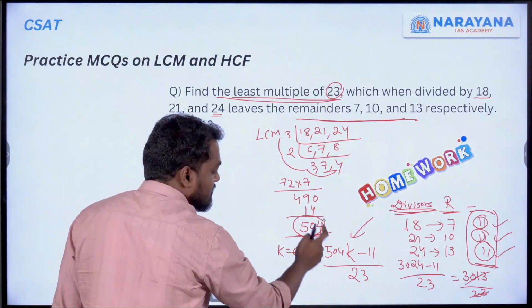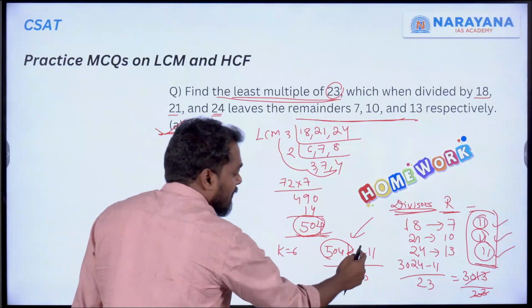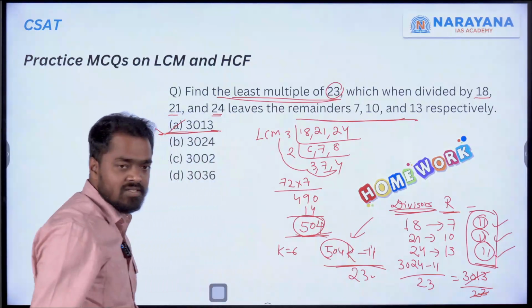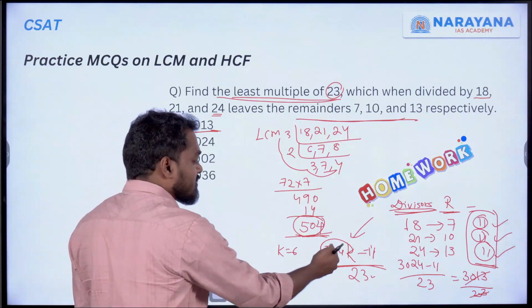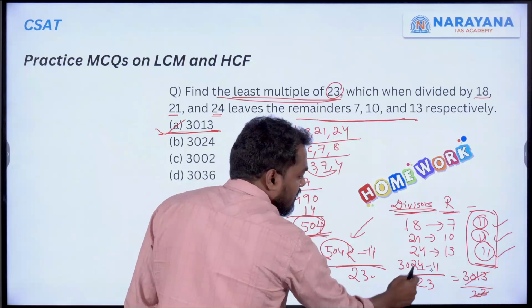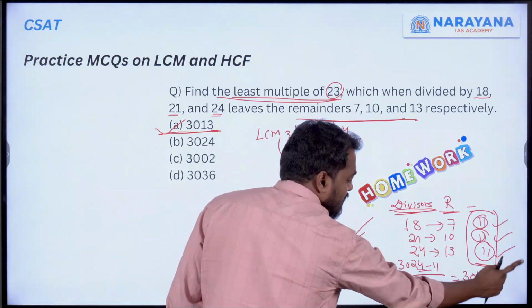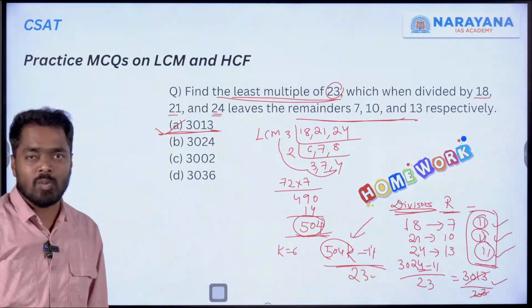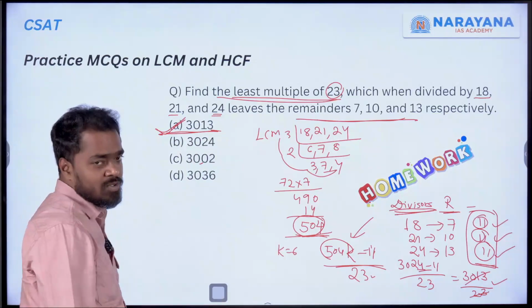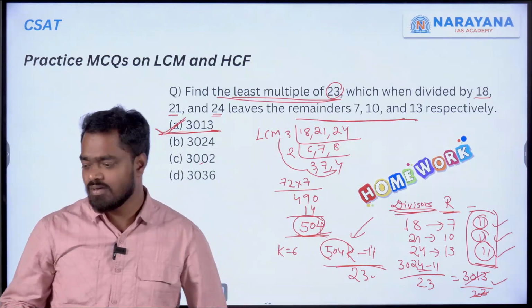So you can take 504 into some k minus this difference. That should be perfectly divisible by 23. Substitute values k0, k1, k2, k3. If you put k as 6, you will get 3013, which is perfectly divisible by 23. So the answer is option A. So this was yesterday's homework question.